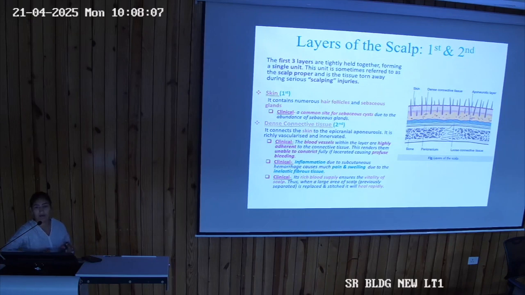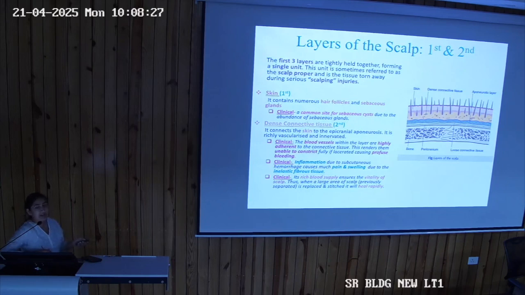Why? Because the tissue around the blood vessel, it is fibrous, inelastic, so it is not able to contract back. If there is fibrous inelastic tissue, and no muscular tissue surrounding, so it cannot contract back, so there is a profuse bleeding during the injury of the scalp.